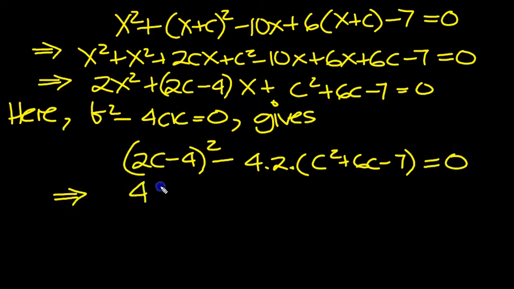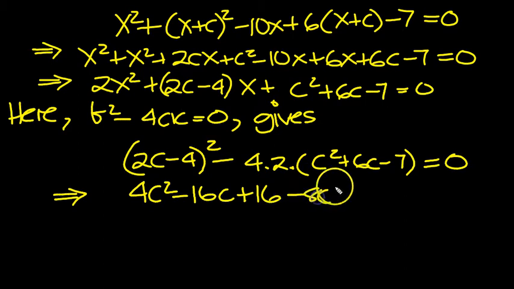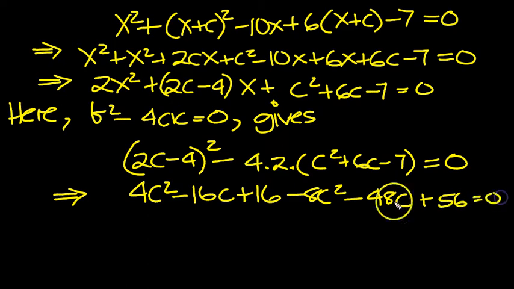We get 4c squareds, minus 8 is minus 16c, plus 16, minus 8c squareds, minus 8 times 6 is minus 48 lots of c, then a minus times a minus is a plus. We've got 8 7s are 56. So let's work out that then.